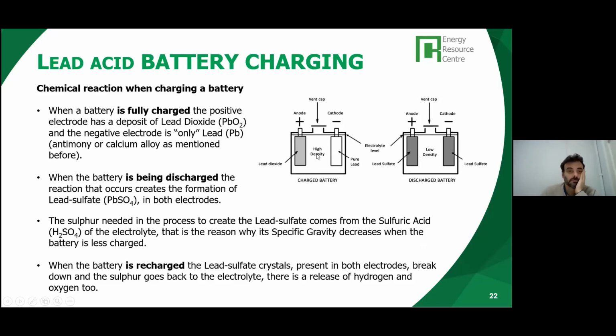When the battery is discharged, part of the acid dissociates, and the sulfuric ions react and deposit on the plates. So the plate starts the formation of lead sulfate, in both electrodes actually. So when we discharge the battery, in chemical terms the electrolyte dissociates.